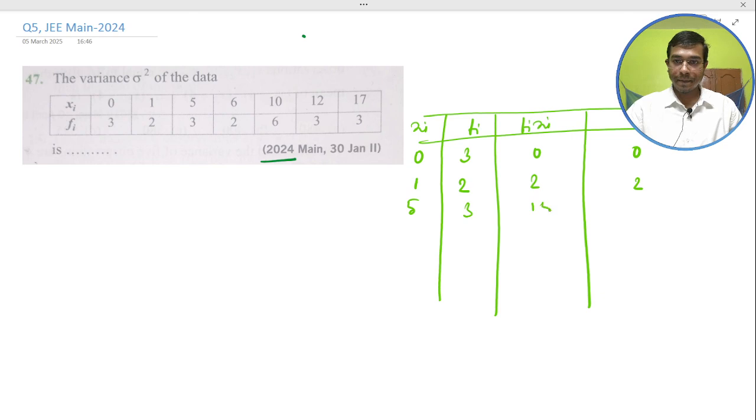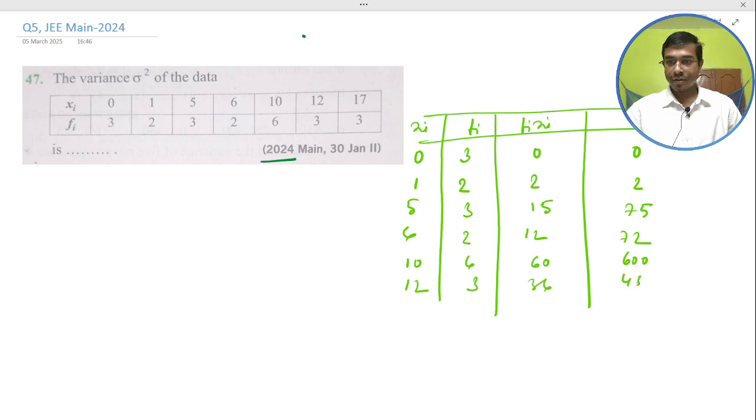So 5, 3, 15. Here would be the 75. Here is 6, 2 is given, 12, 72. 10, 6 is given, 60, 600. And 12, 3 is given, 36, 432. 17, 3 is given, 51, 867.